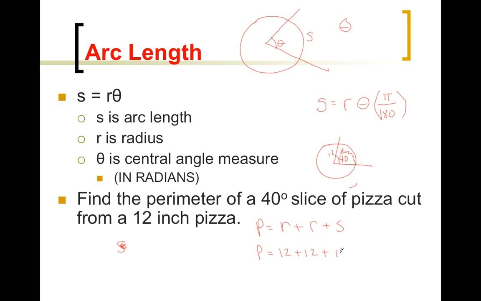So it's R times theta, which is 40, but that's degrees, so I need to multiply by pi over 180, and I get a very simple answer of 12 plus 12 plus 12 times 40 times pi divided by 180 is 32.38 inches.